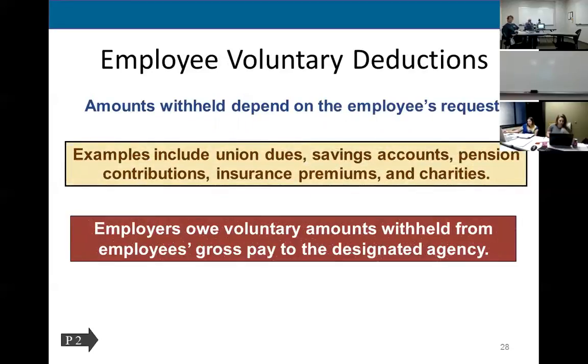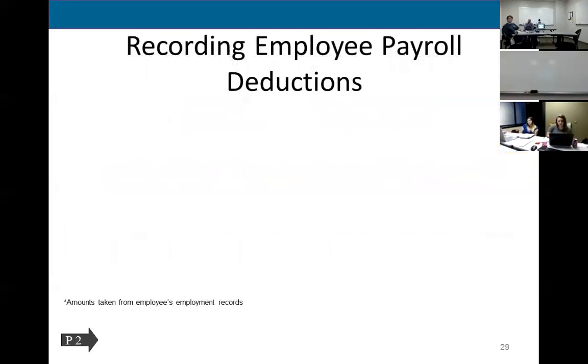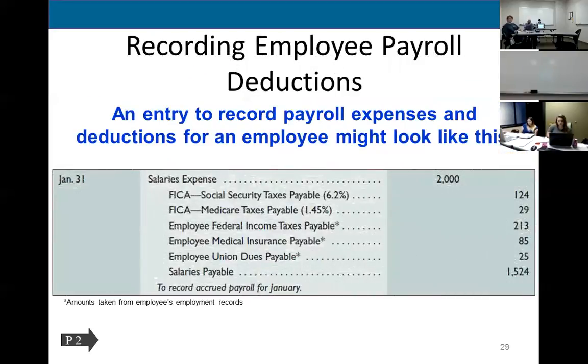All right, so voluntary deductions, again, we gave some examples. And again, until these amounts are paid, they're going to be reported as the employer's current liabilities. All right, let's look at recording a payroll expense.